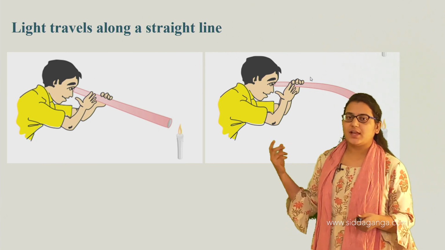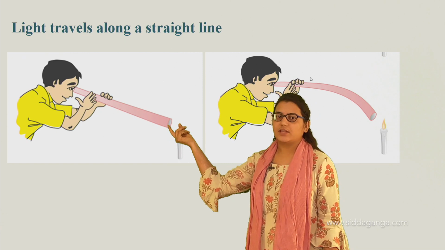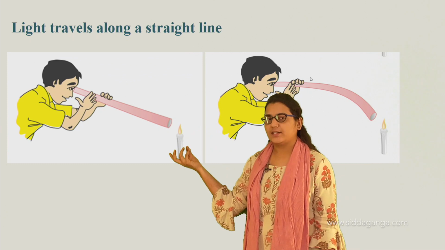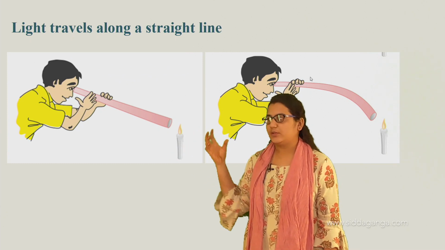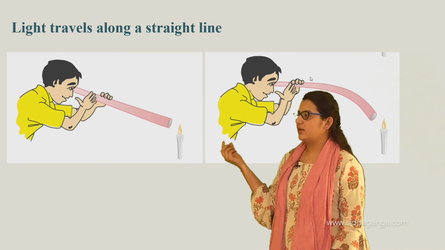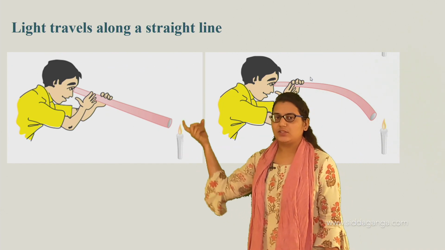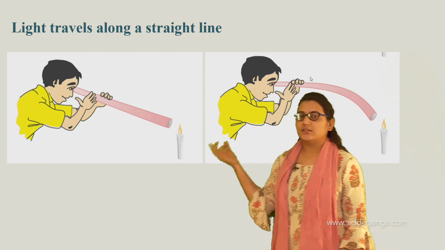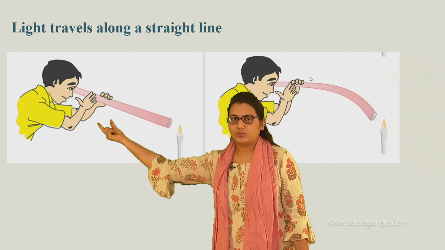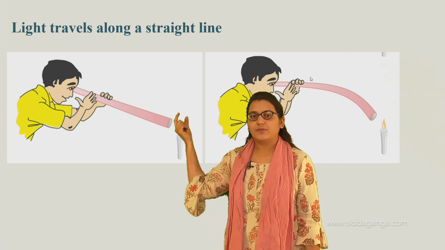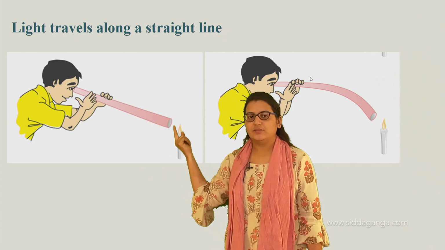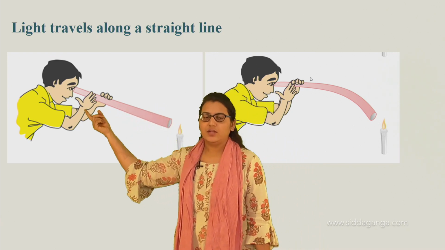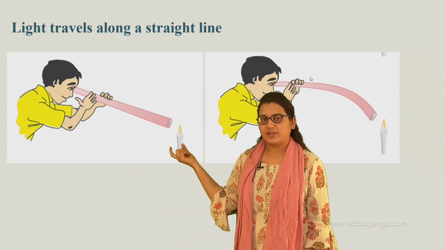If we have a candle and we try to see the candle through a pipe or any other plastic tube, what you have to notice is that here we have taken a straight tube, a straight path, and if we use this we can clearly see the candle from this hole.